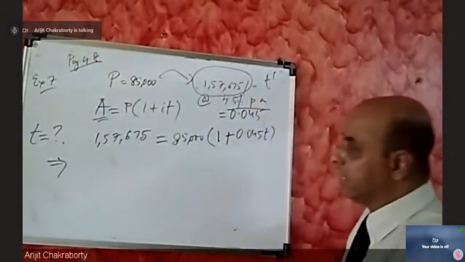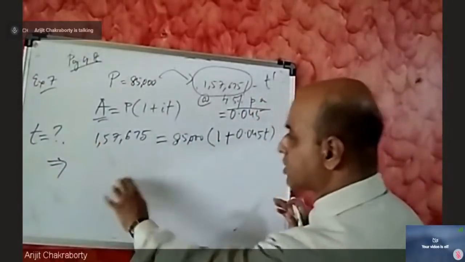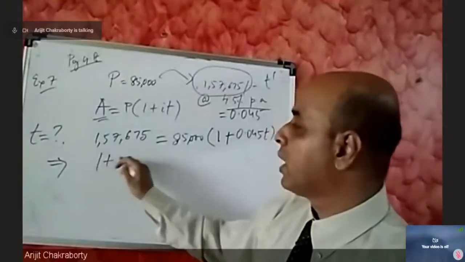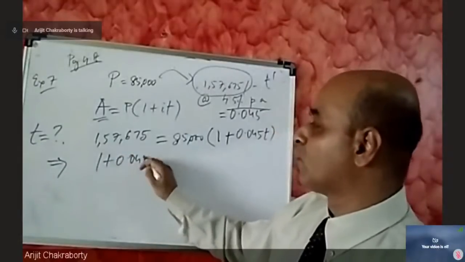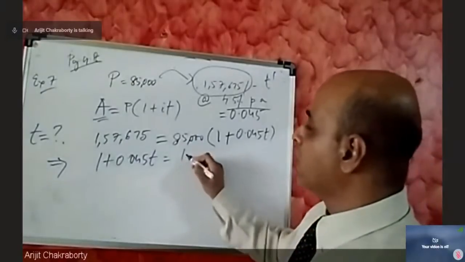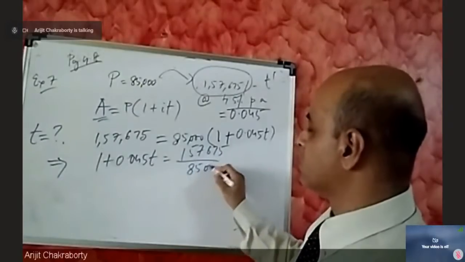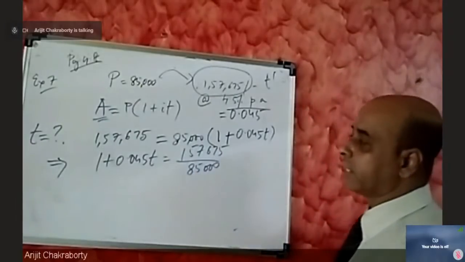You may remember that. So here, if you just transpose from this side to this side, it becomes 1 plus 0.045 T, which is equal to 1,57,675 divided by 85,000. Right?